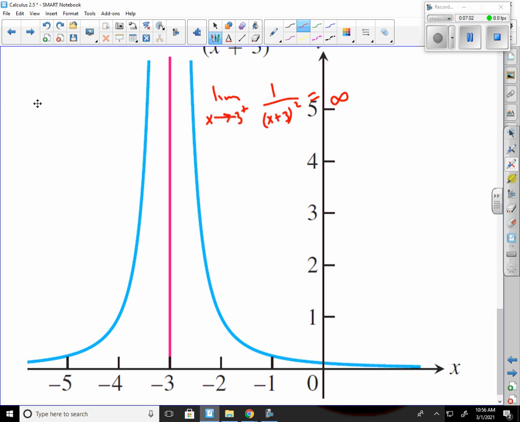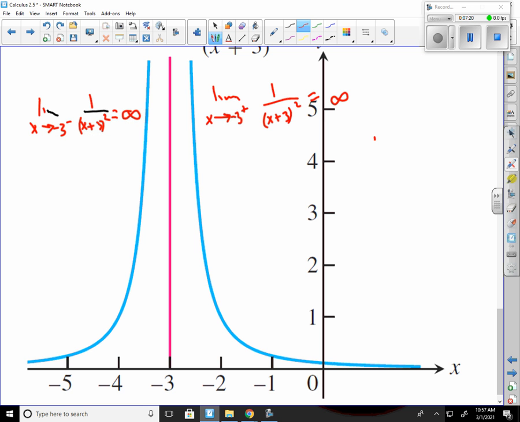If I look at it from the left-hand side, limit as x approaches negative 3 from the left of 1 over (x plus 3) squared is also going to be equal to infinity. It just keeps going up.